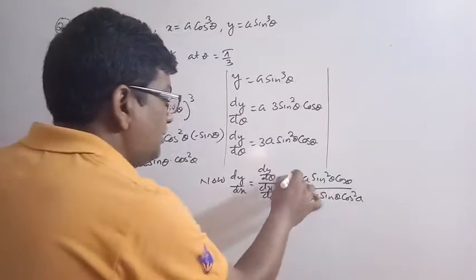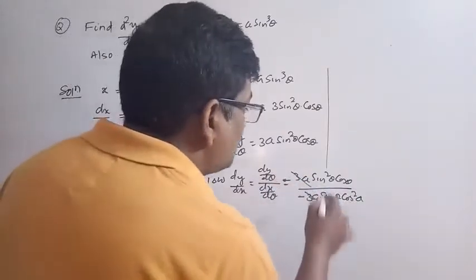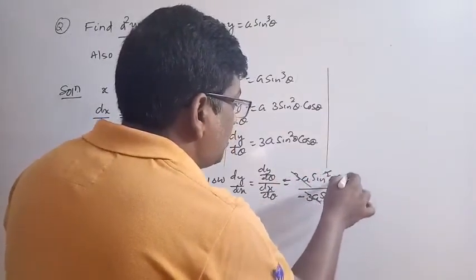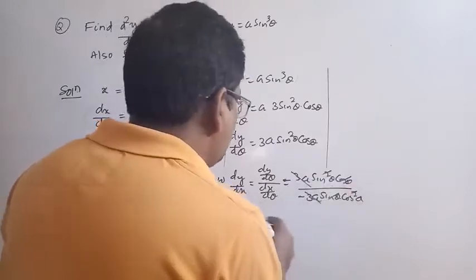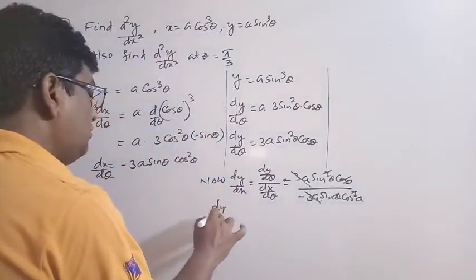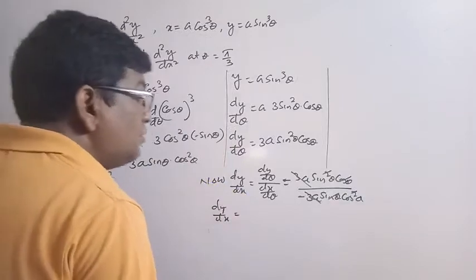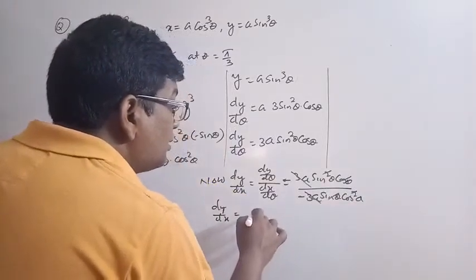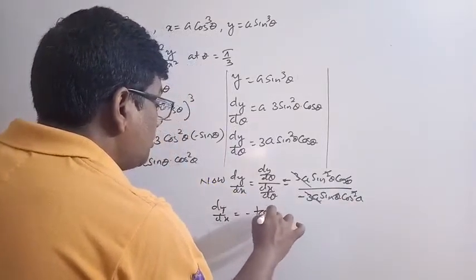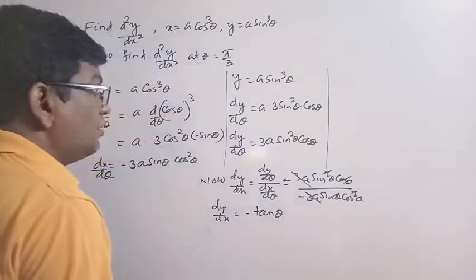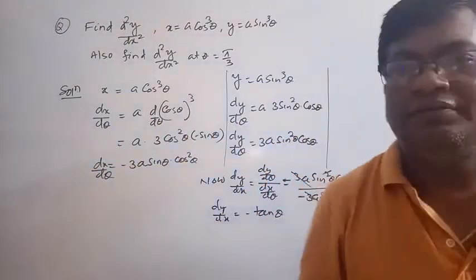So 3a cancels, one sin cancels, one cos cancels. So dy/dx is equal to minus tan θ.